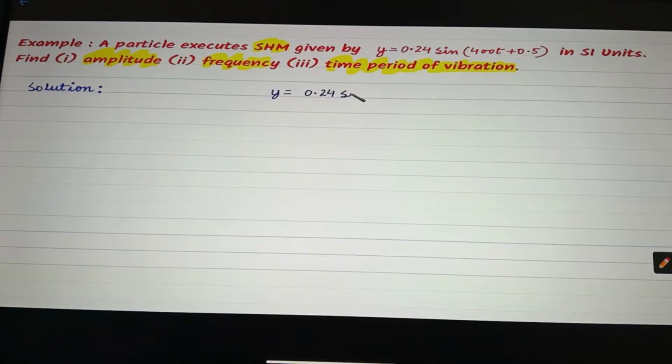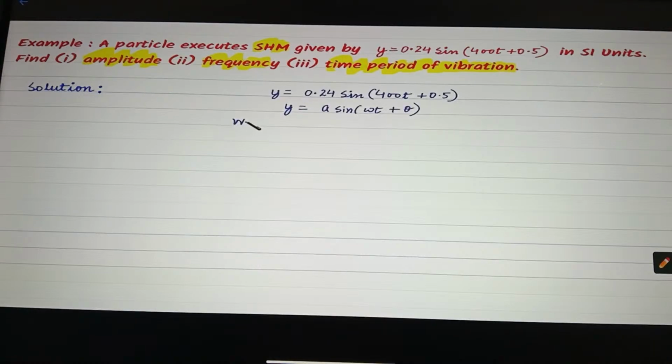So here y is equal to 0.24 sine (400t plus 0.5), and what we can do is compare this with the standard equation of simple harmonic motion, which is a sine omega t.